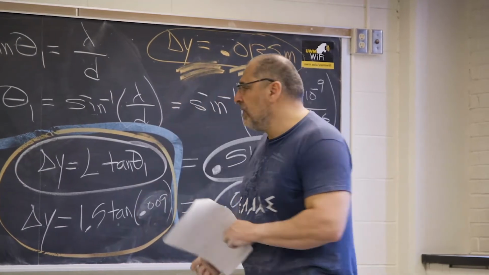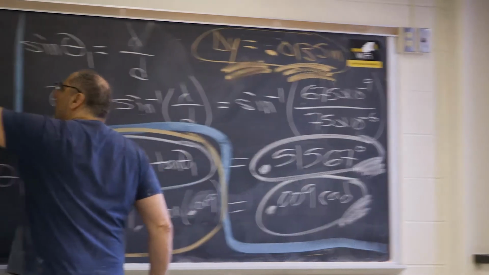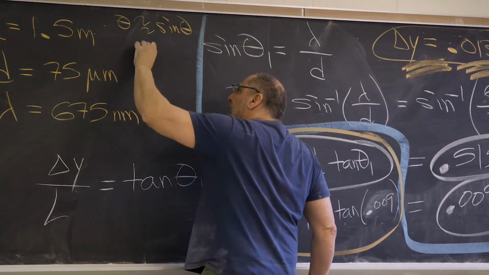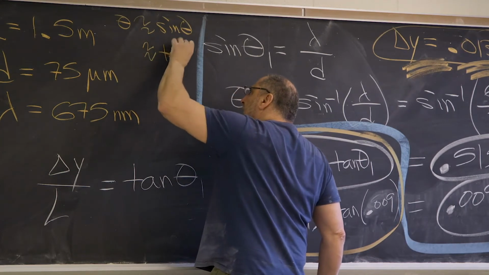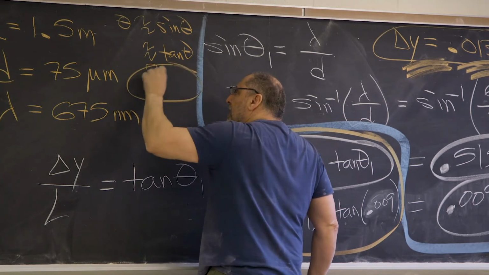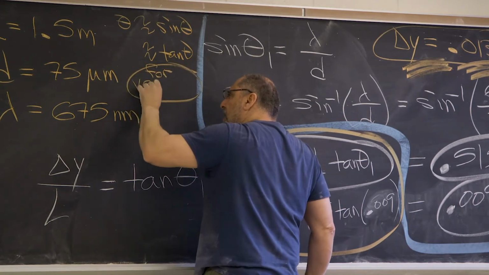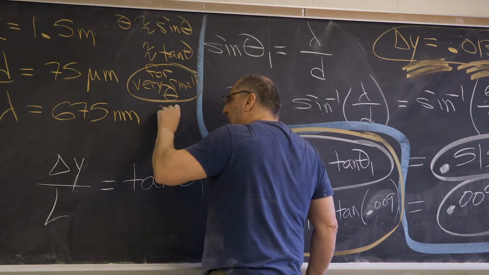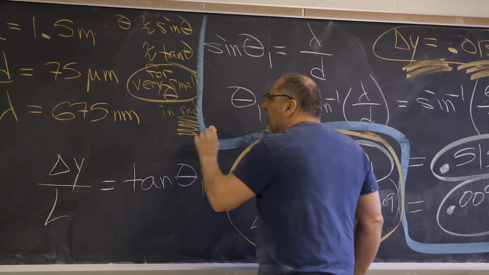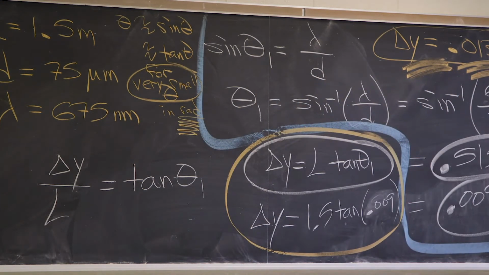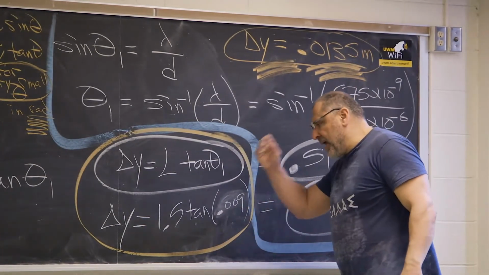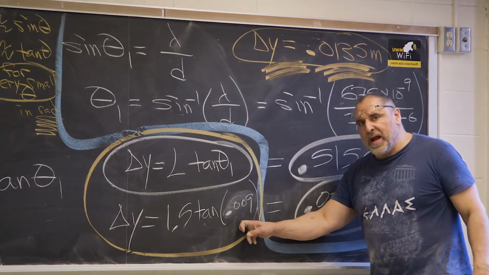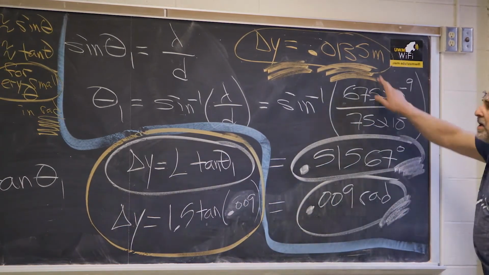In radians, theta is approximately equal to the sine of theta, which is approximately equal to the tangent of theta, for very small theta in radians. So, it's all right. Put it in there. Get it right. Don't have your calculator on degree mode when you're using radians. You're going to be inviting trouble. So that's the end of that.